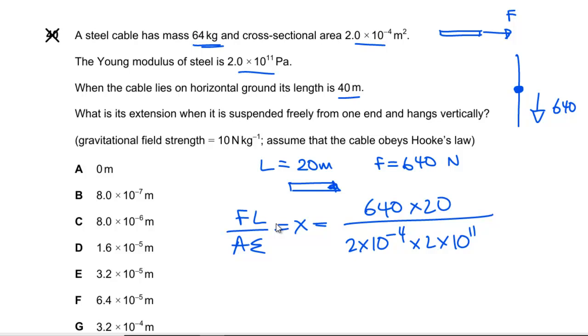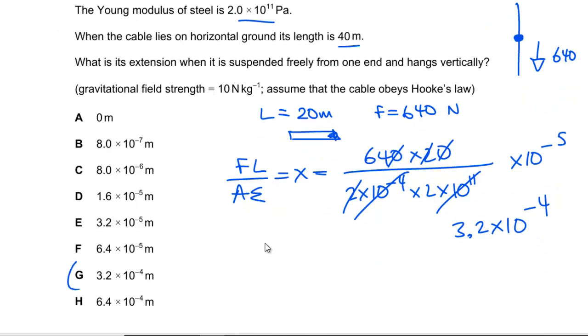Okay, so what have we got here for positive tens? Well, I can get rid of that 2 and that 2. We've got 1, 2, 6 tens, and then a minus 11. So we've got a 10 to the minus 5 there, which leaves us with a 32. So 3.2 times 10 to the minus 4 is going to be the answer, which is just nipped out as being G here on the bottom.